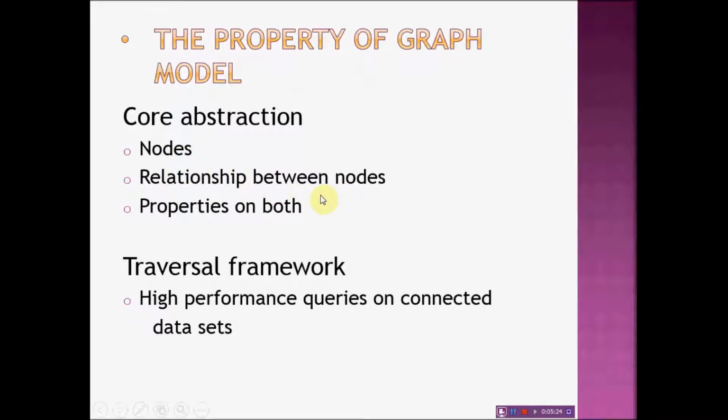Relationships between nodes show how they are related and connected to each other. Properties on both: discussing nodes and relationships between nodes. Traversal framework: high performance queries on connected datasets.